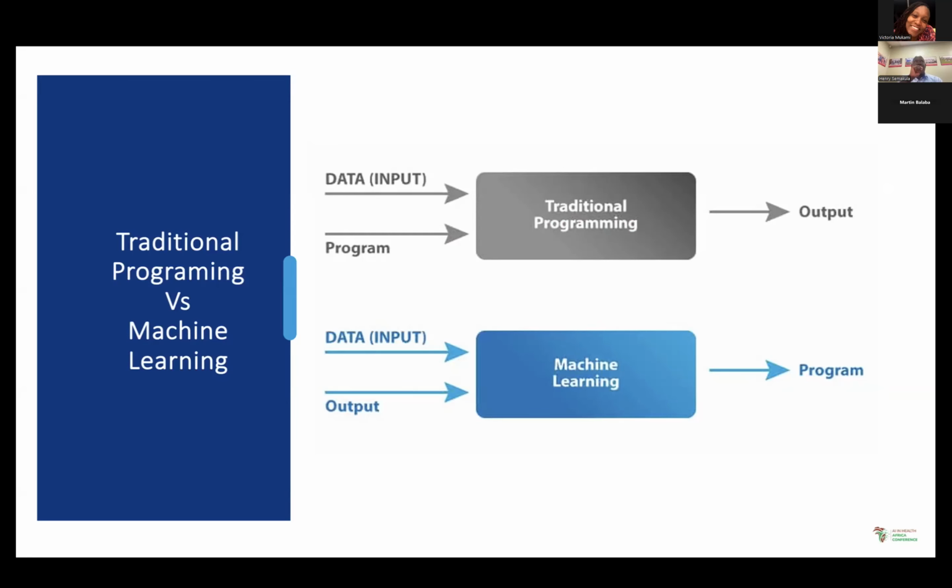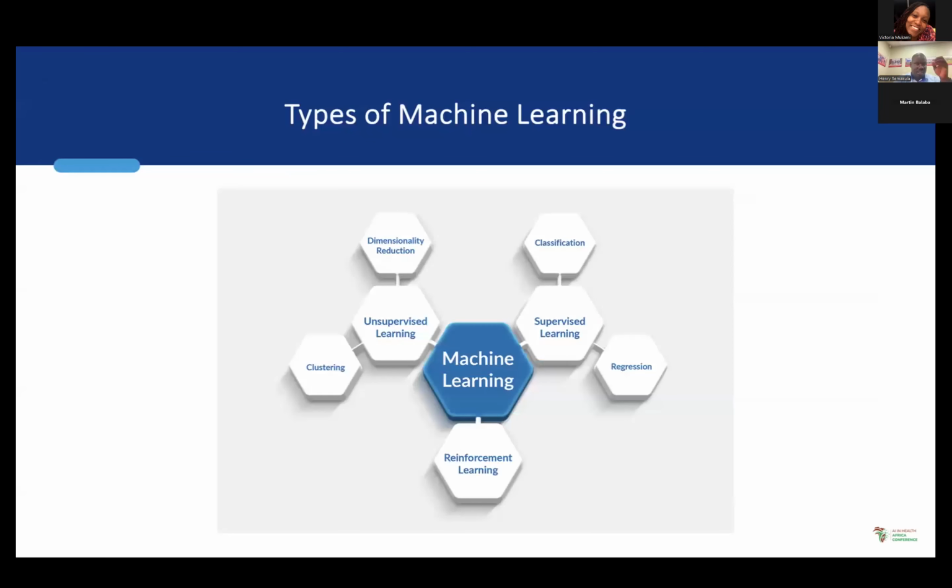The second X-ray, maybe the person has no breast cancer. So I'm taking the input data with the already known outcome, and I want to train a machine from this data so that when I come up with a program, which I'm calling the model, and use it on another set of data, that model is able to identify that, based on the input image, the person has breast cancer or no cancer. So there is a very big difference between traditional programming and machine learning.